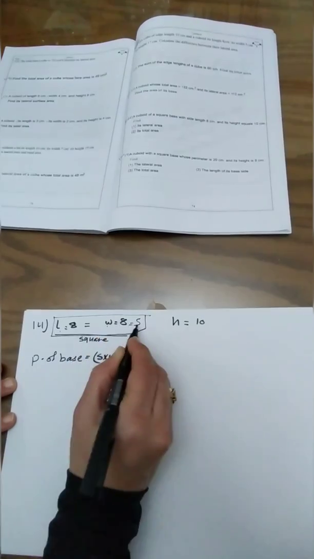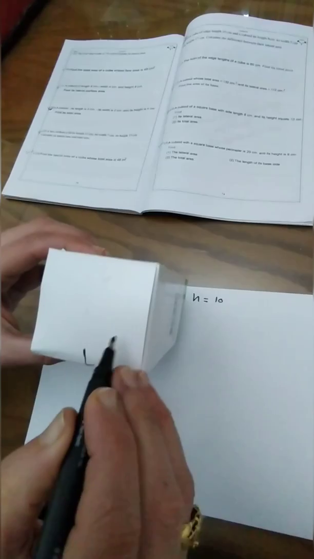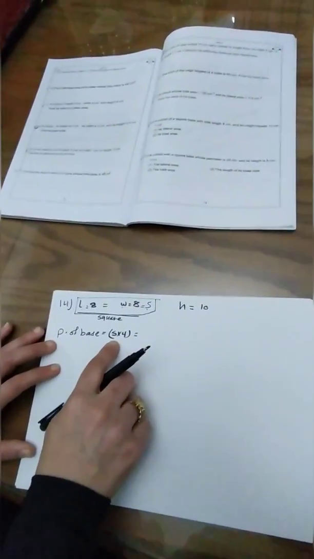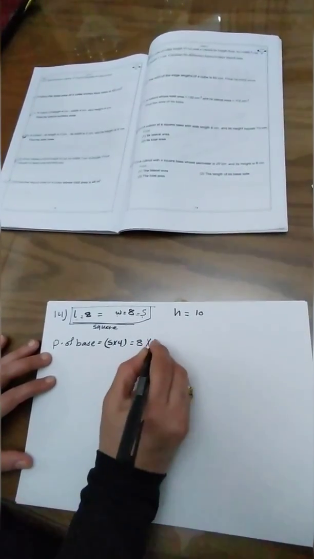Length is the same, width is the same as the side, because in the square, length and width are the same. So I can put side multiplied by 4. The side here is 8 centimeter, multiplied by 4 equal 32 centimeter only, not square, because it's a perimeter.